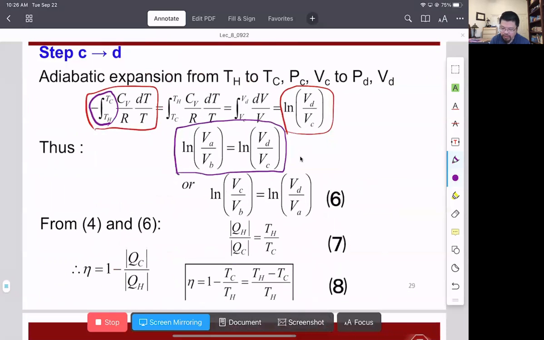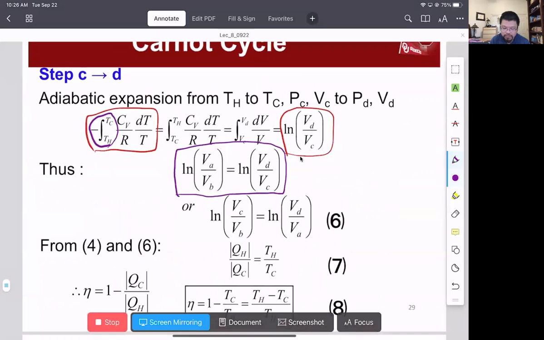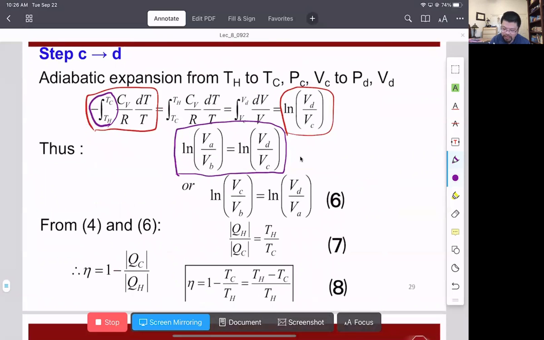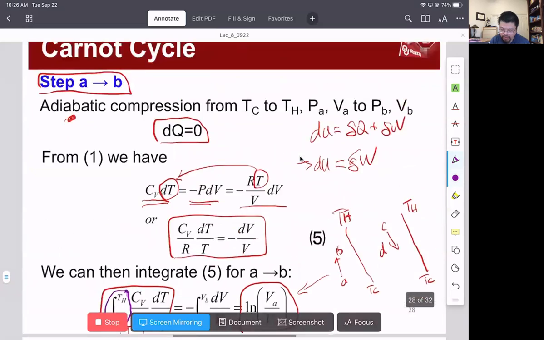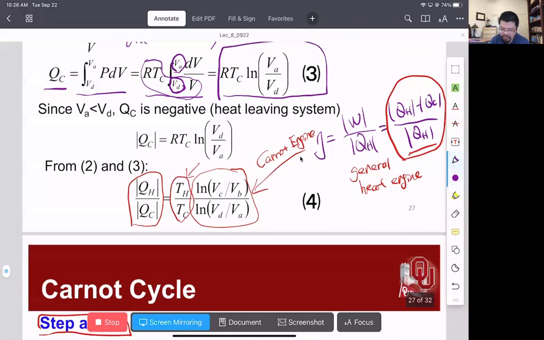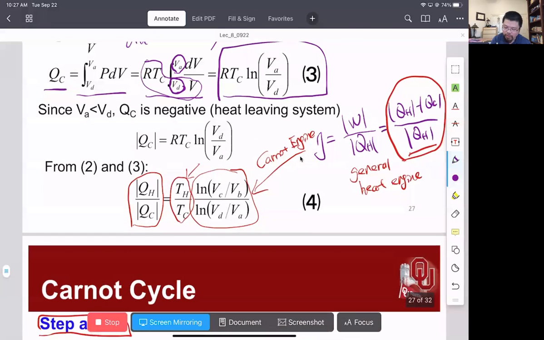Now if you recall the previous equation we just derived for the isothermal process, B to C, D to A, then we realize that we have this very nice equation. So if we go back a minute to equation 4, what we just did was to confirm this actually equals 1, right?